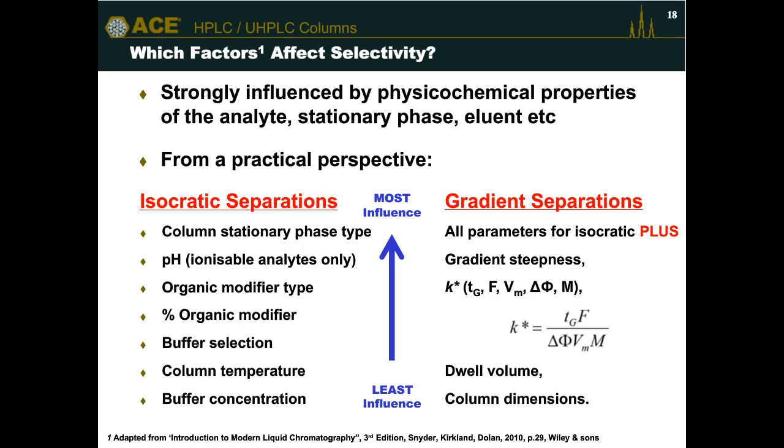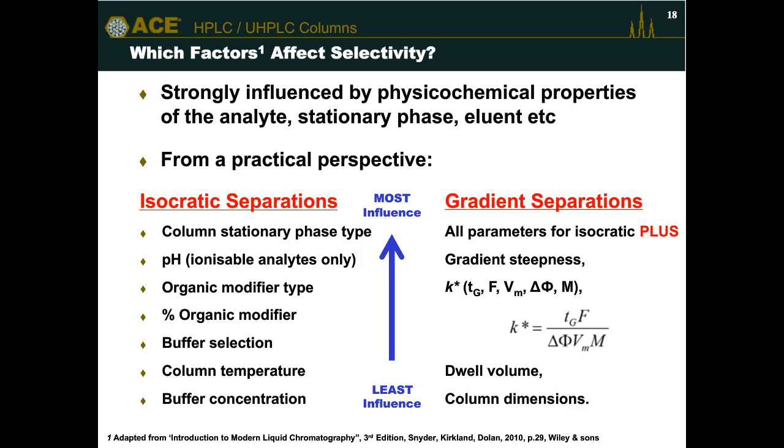Make sure you do choose a buffer. The type of organic modifier has a big influence. You can see significant changes in selectivity if you move between acetonitrile and methanol, for example, especially if there are some pi-pi interactions with the column. And then other factors affecting the selectivity are the percentage organic modifier, the choice of buffer, the temperature, and the concentration of the buffer for an isocratic method.